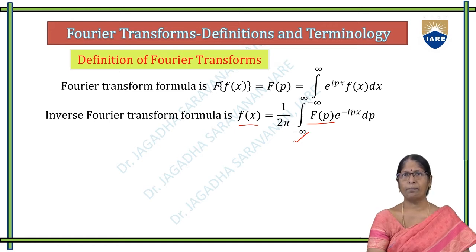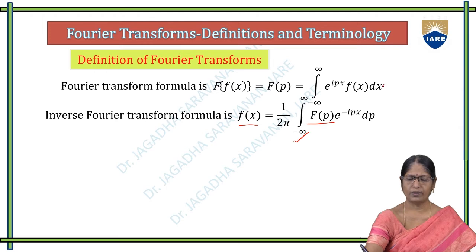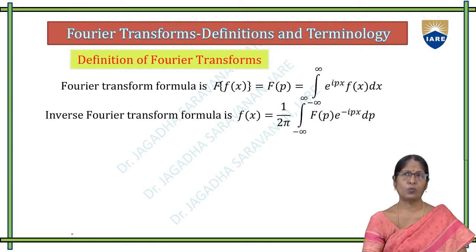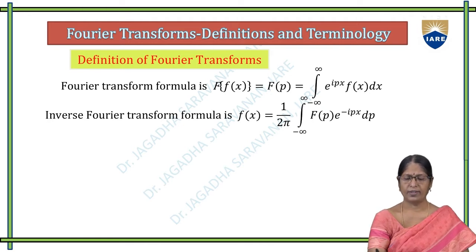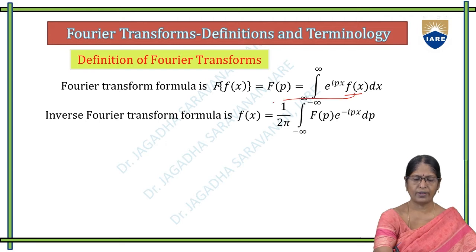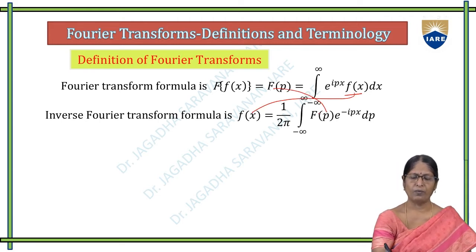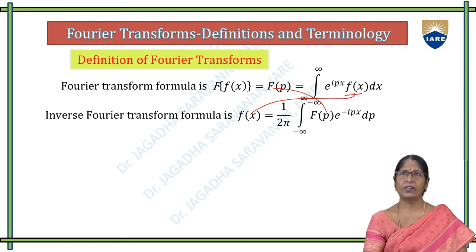We will do the comparison between the Fourier and inverse Fourier. It is an interesting fact that we noticed here: the function f of x is coming outside, whereas in the Fourier transform it is under the integral.